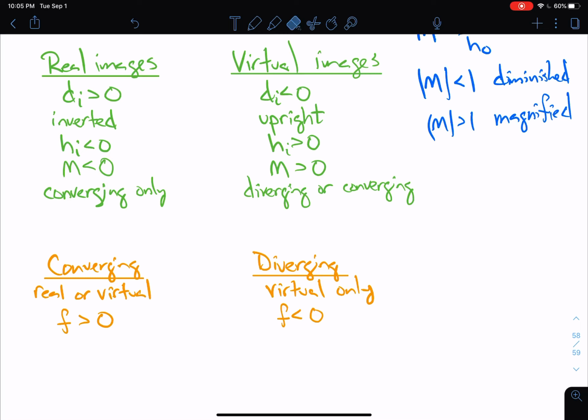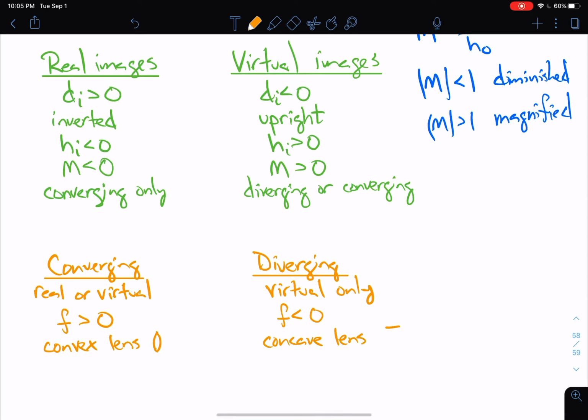Now for converging optics, if we're talking about a lens, that's going to be a convex lens. That's what I was drawing before, so it looks like this. If it's diverging, that's going to be a concave lens.